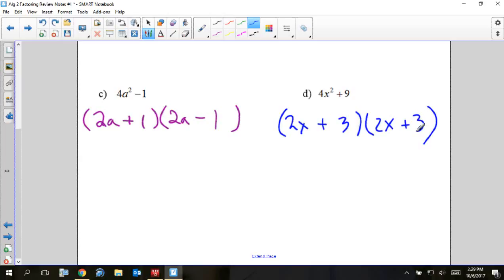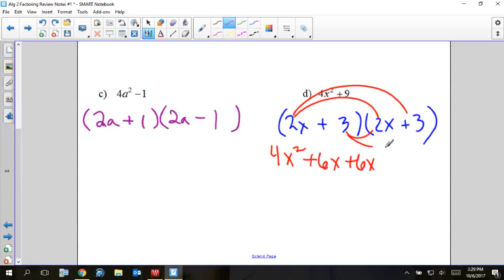Does it work? That one looks different than all the others. How's that one different than the first 3 I just did? Because these are both positive. Let me just check and make sure it works. So that's 4x squared. Outer is plus 6x. Inner is plus 6x. And last is plus 9. Does that equal 4x squared plus 9? Why not?